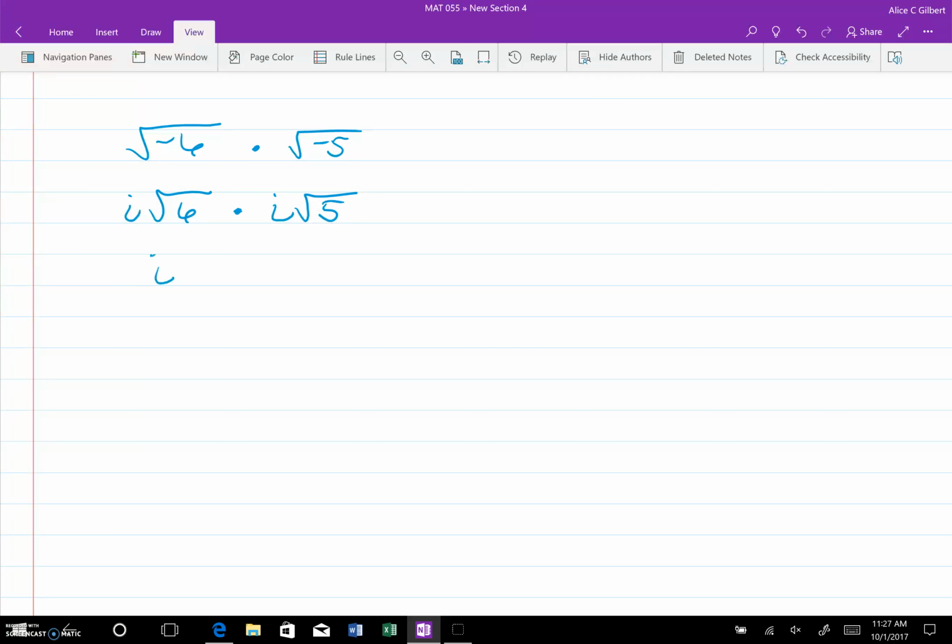So i times i is i squared times the square root of 30. I need to see that's 2 times 15, 3 times 5. So there's nothing I can do with that, but i squared equals what? Exactly, negative 1. So my answer is negative the square root of 30.